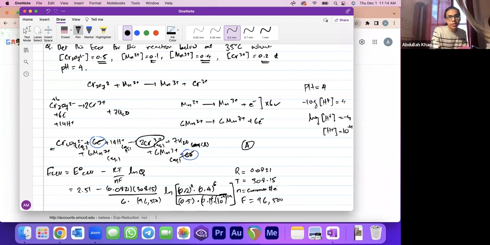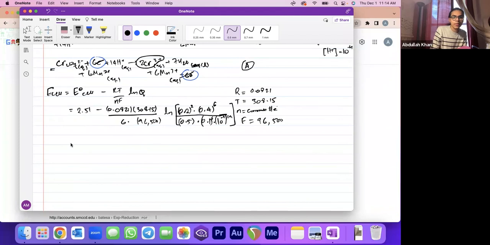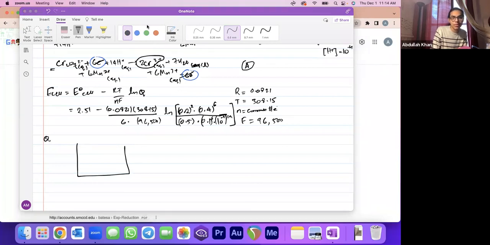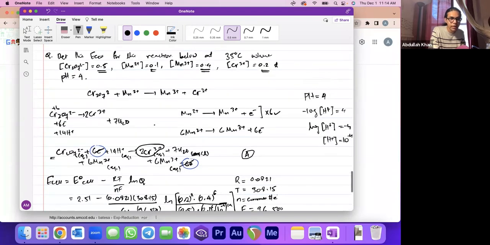Let's do the last part, the non-standard concentration cell. Suppose you have 2 buckets. He will put it on the exam. Nernst equation, guaranteed. It is going to be on the exam. I feel I've scared you by giving you the longest possible question in Nernst equation.